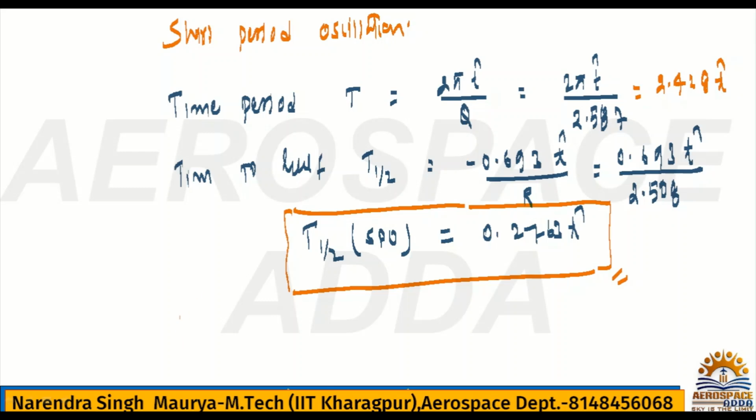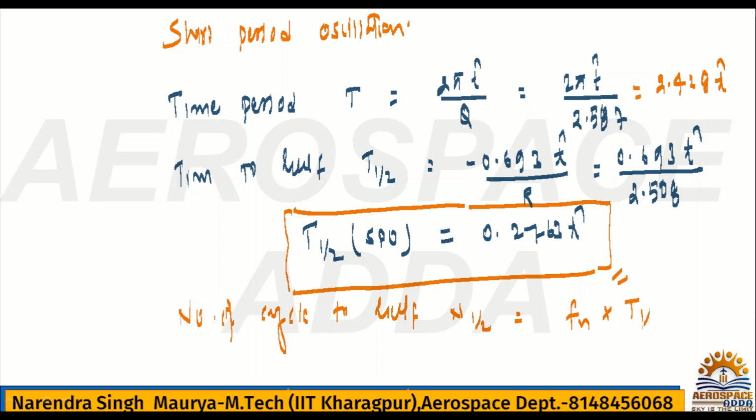So the number of cycles to half is denoted by n1 by 2. And if you remember the formula, what was the formula for the number of cycles to half? It was Fn, natural frequency, into time to half. Time to half, T1 by 2, just now here you have calculated, it's 0.2763 T cap.